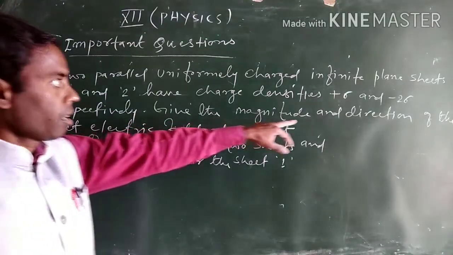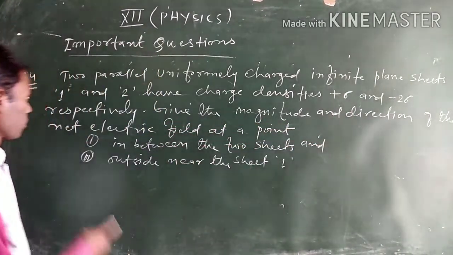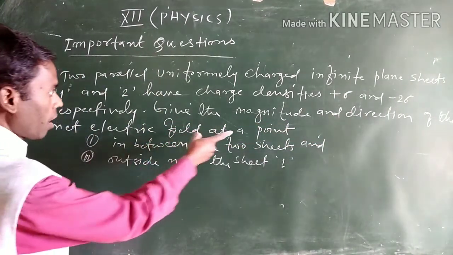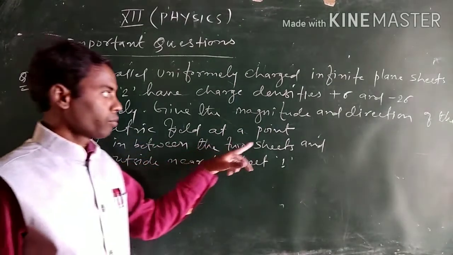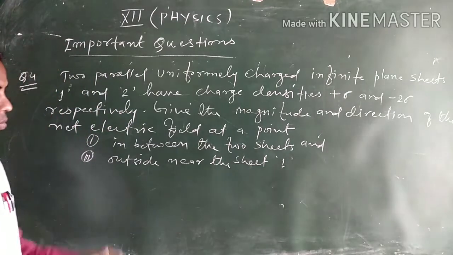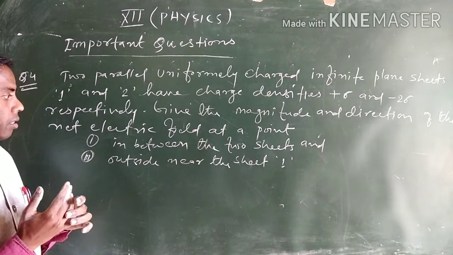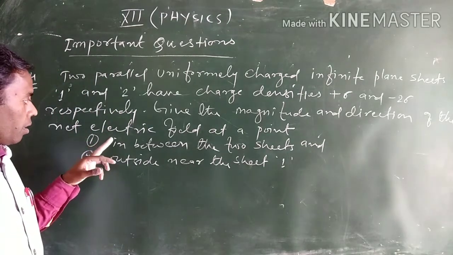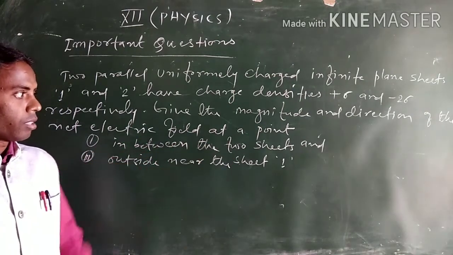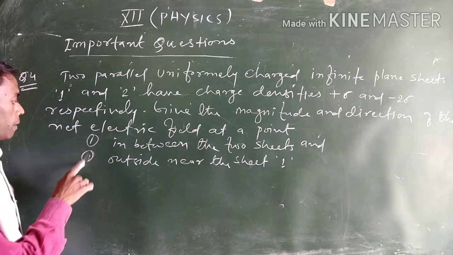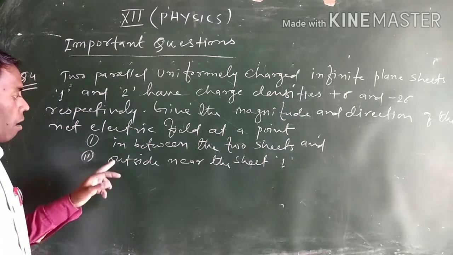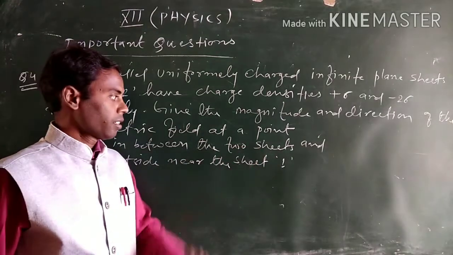Give the magnitude and direction of the net electric field at a point. Number 1, in between the two sheets. That means we have to take that point between the two sheets. Number 2 is outside, near the sheet 1.